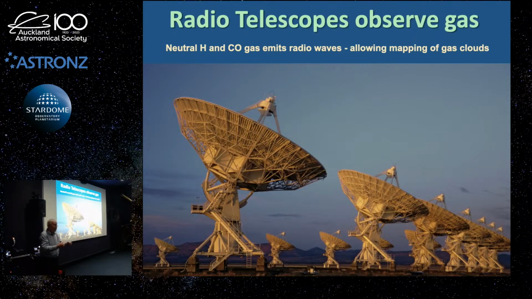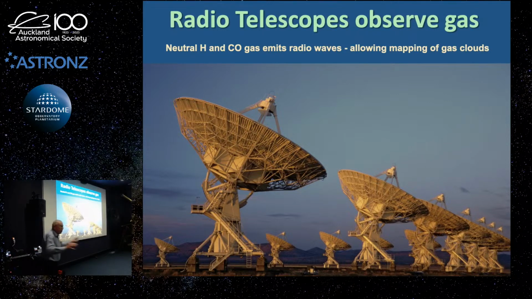So there's plenty of CO around, not quite as much as your molecular hydrogen, but still plenty. And the molecular hydrogen, the H2, bumps into the CO molecules, and the carbon monoxide then does a little bit of a flip or a rotation and turns around a bit, and when it does that, it emits radio waves, and you pick that up. So your carbon monoxide is a very good tracer of molecular hydrogen.